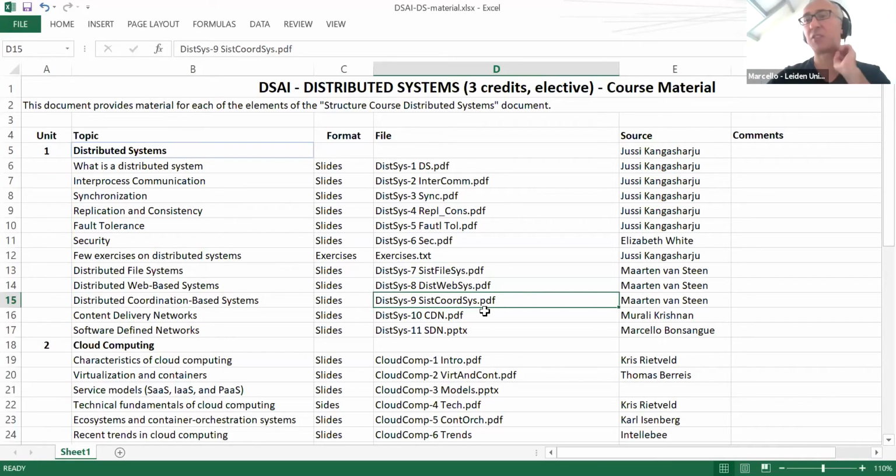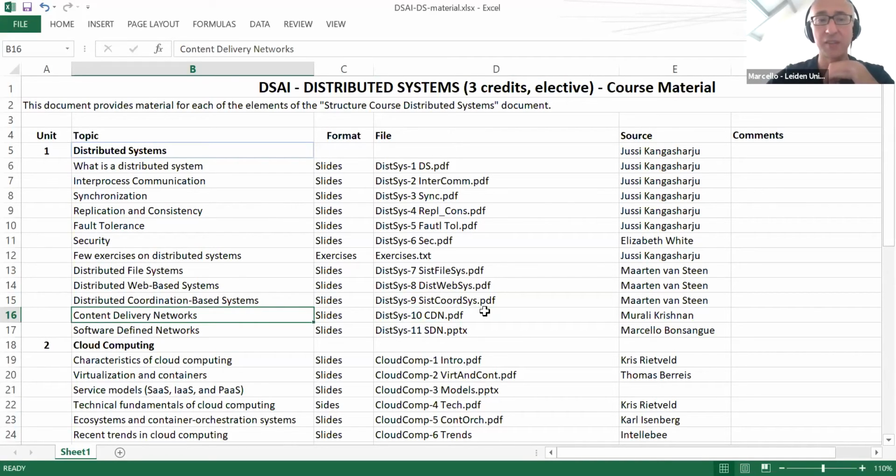For example, the coordination system is about how it works, how different systems can coordinate through a shared data space. There are languages like Linda or Linda-based ones that work with such systems. The coordination and the synchronization also happen through the shared data space. Then we go on to the new way of seeing networks, the computer networks, and there are content delivery networks.